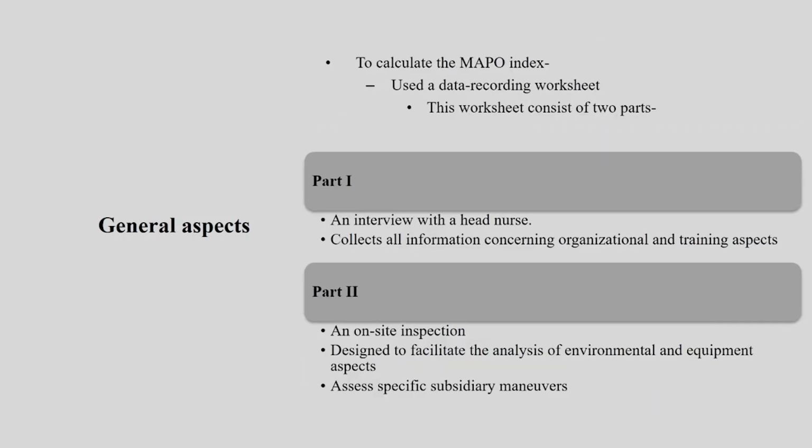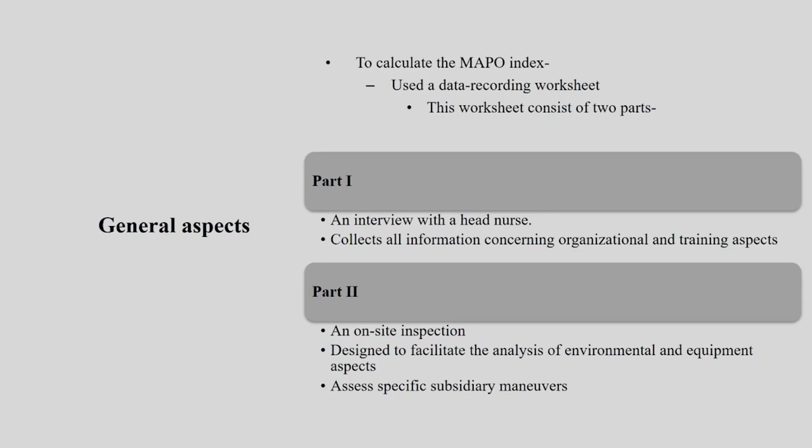To calculate the MAPO index, we need to use the data recording worksheet. We are going to show you in the next few slides, and this worksheet will contain two major parts, part 1 and part 2.